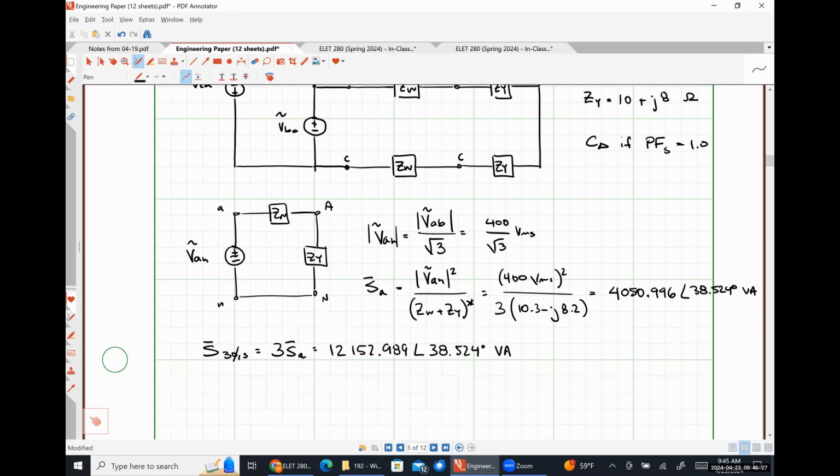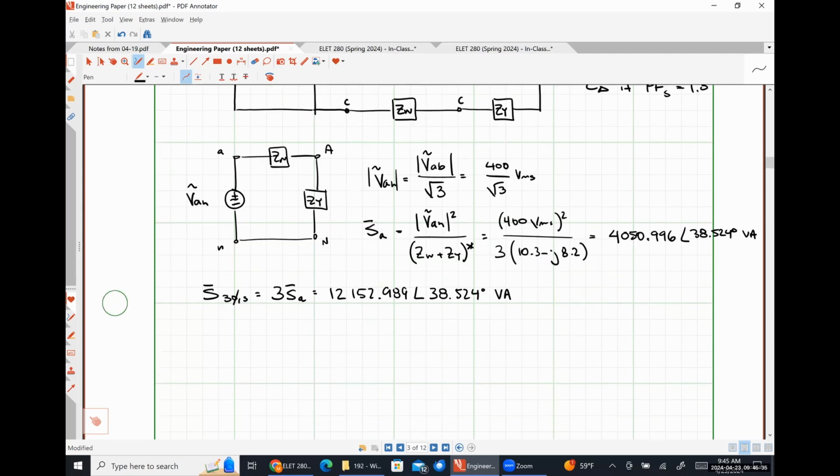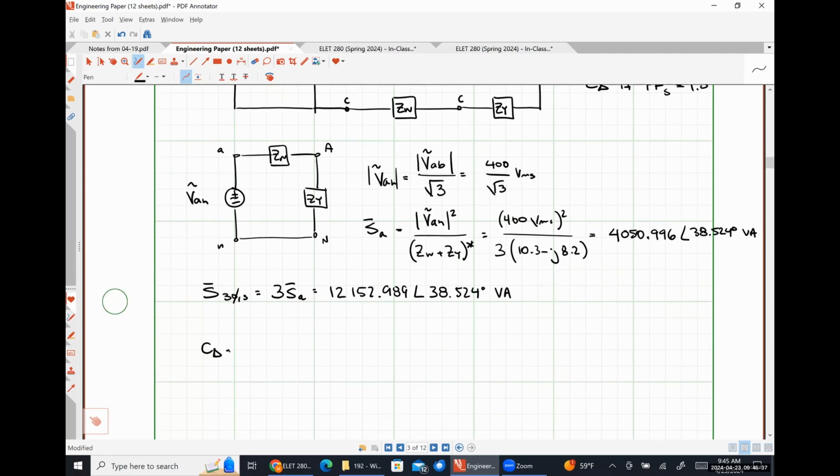Now, this is literally just a power factor correction problem. So we're trying to find C delta. C delta is going to be P three-phase supplied by our source times the tangent of theta old minus the tangent of theta new, divided by 3 omega times the voltage drop across our capacitor squared.